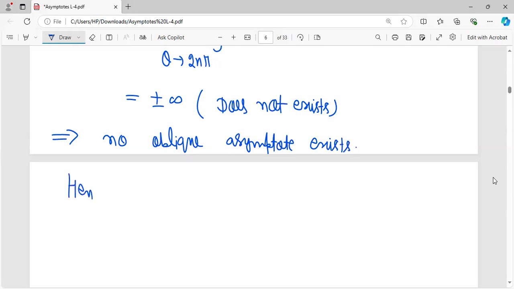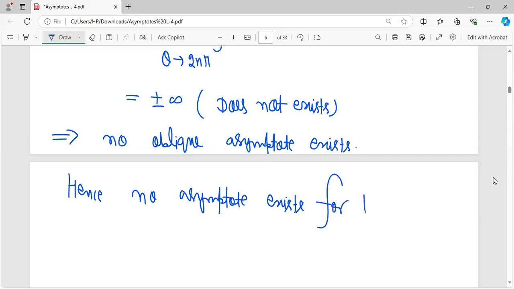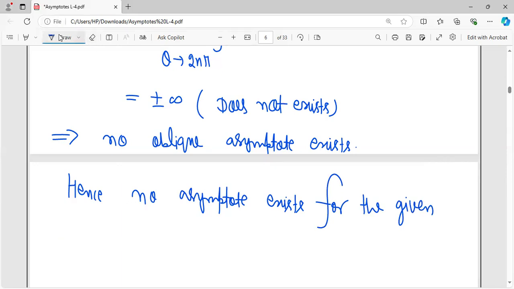Hence, no asymptote exists for the given curve.